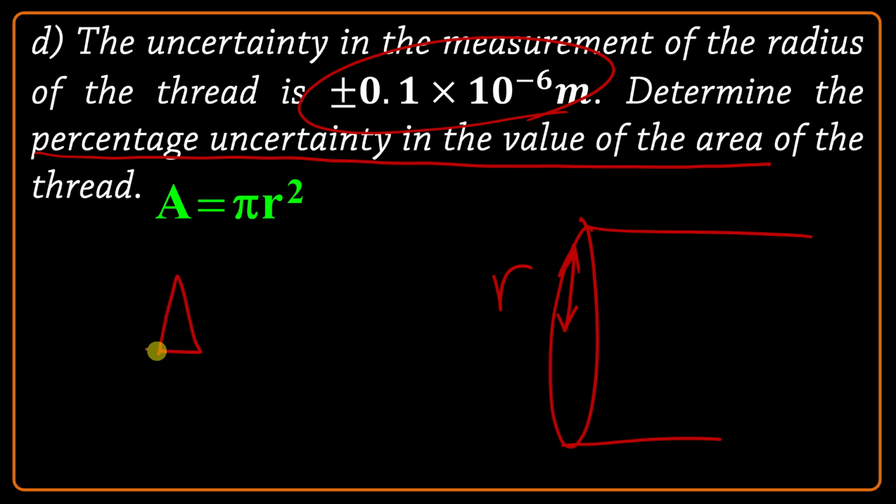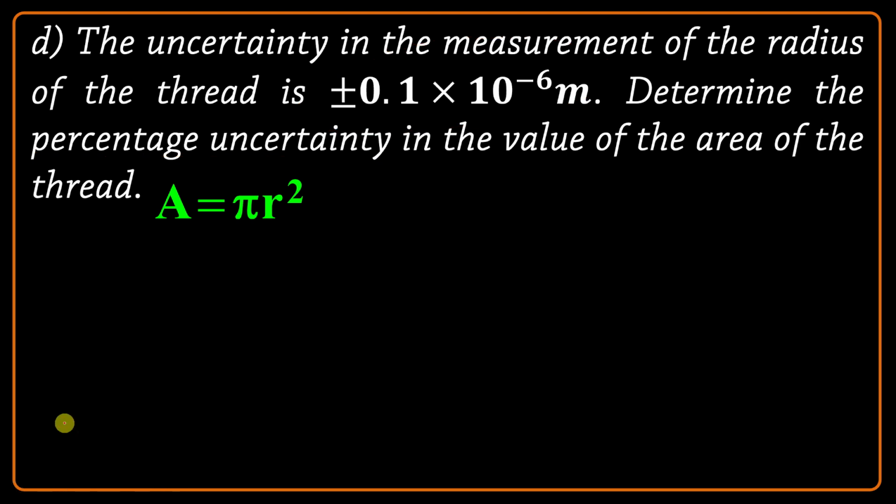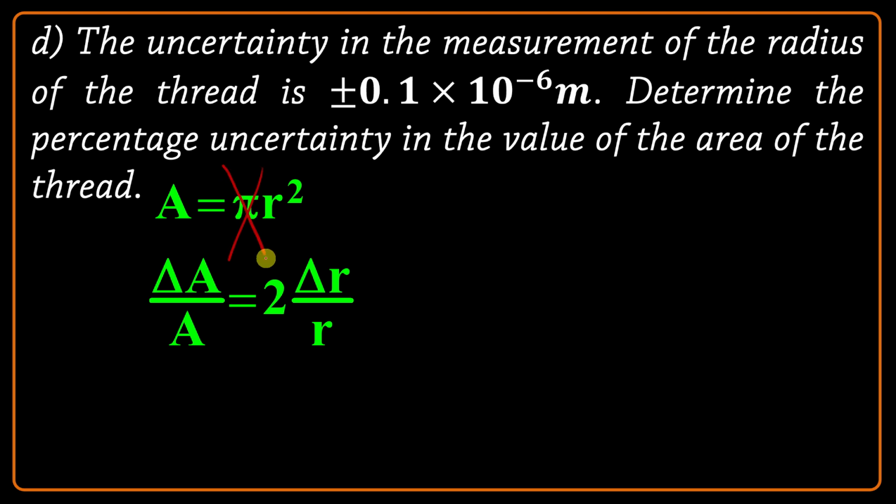So I'm looking for delta A over A. From the previous videos, I have already told you how to find that percentage uncertainty. I should write delta A over A to be 2 delta R over R. And you should forget about the pi as it is a constant. So the exponent goes as a coefficient here, like 2 delta R over R.